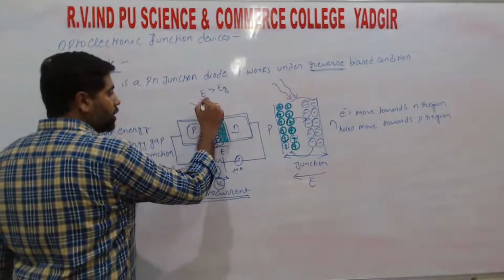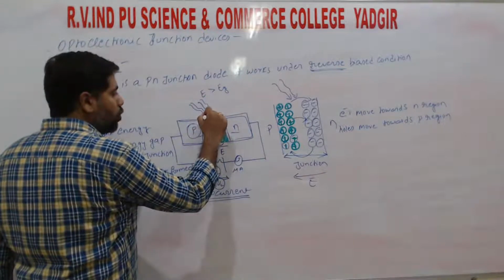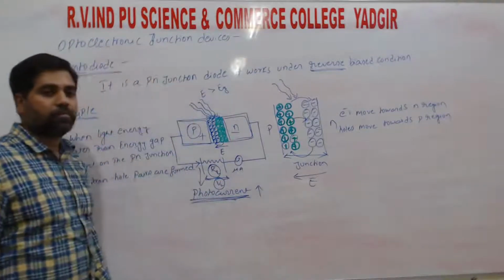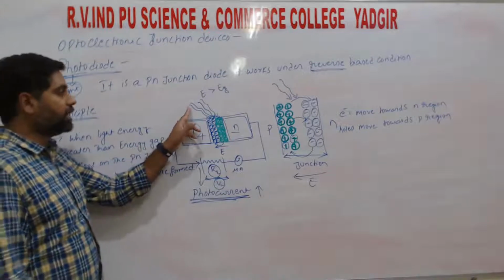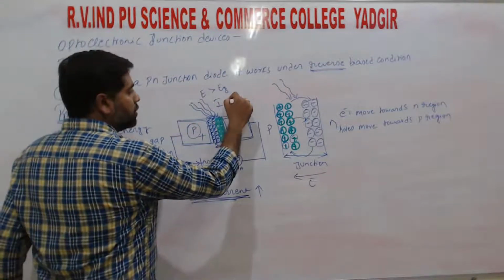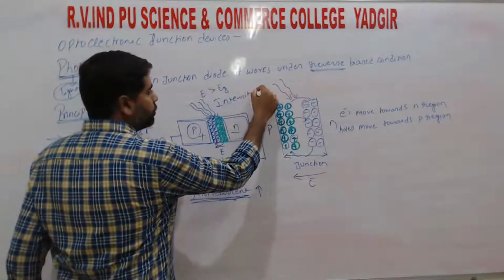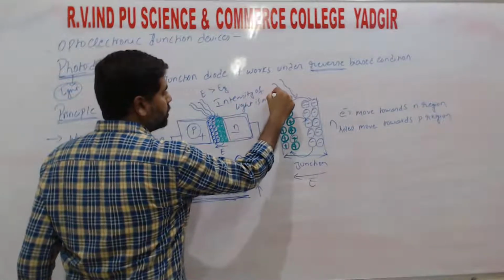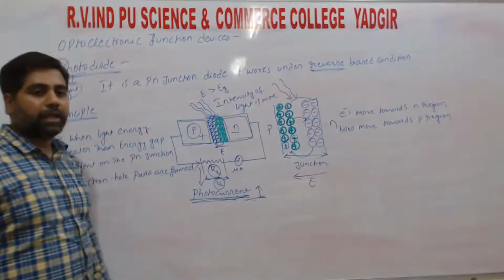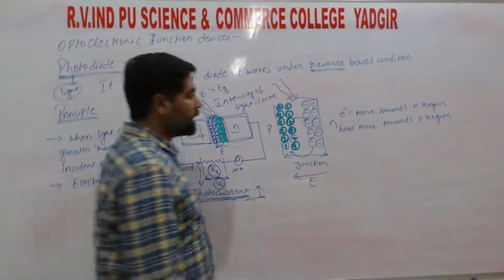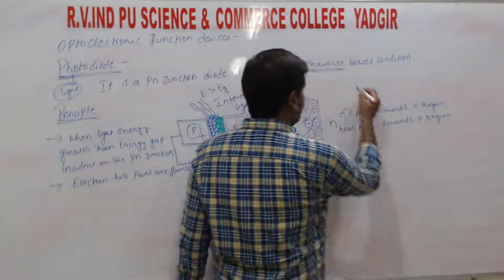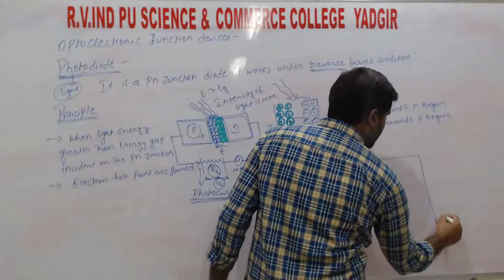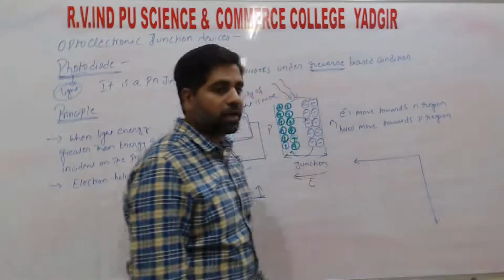So if the intensity of the incident light is more, then the photo current also increases, right? Now if we draw the characteristics, that is the IV characteristics, it works under the reverse bias condition, so the IV characteristics will come in the third quadrant, right?